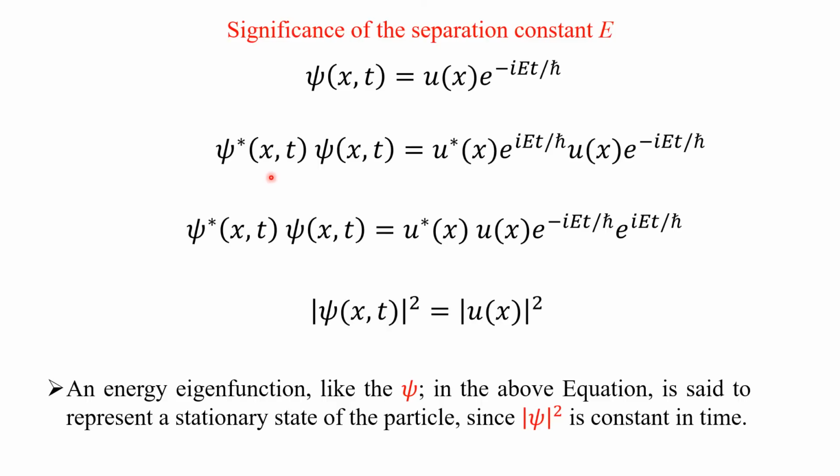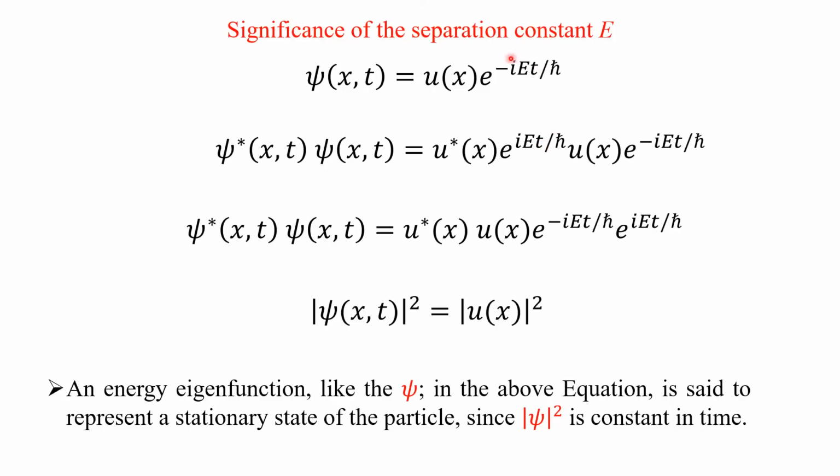If you take the product psi star psi, that is the complex conjugate of this, then you will get u star of x, e power, this minus i will become plus i. Since E is a real number, the complex conjugate of this also has E t over h cross.